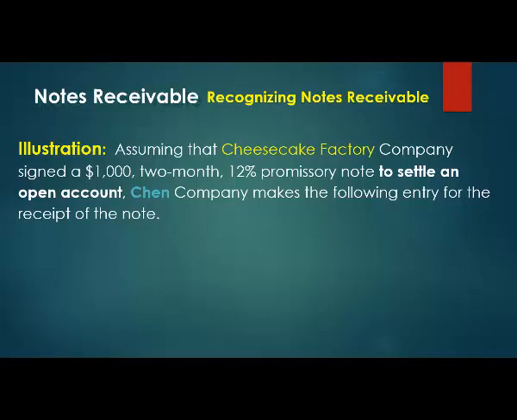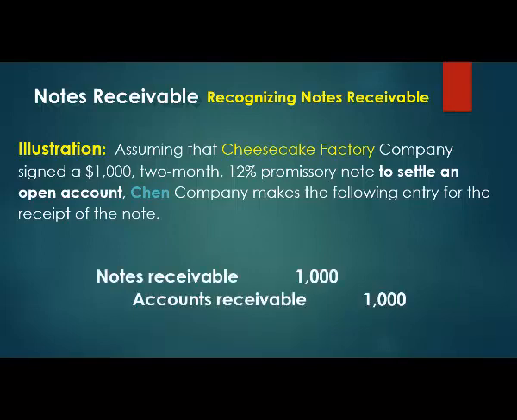So what that means is that earlier on, Chen Company sold $1,000 worth of something to Cheesecake Factory and logged it in accounts receivable, debit accounts receivable, credit sales. And now Cheesecake is saying, we can't pay in 30 days. Please convert this to a note and we'll pay 12%. Give us 2 more months to pay this note.